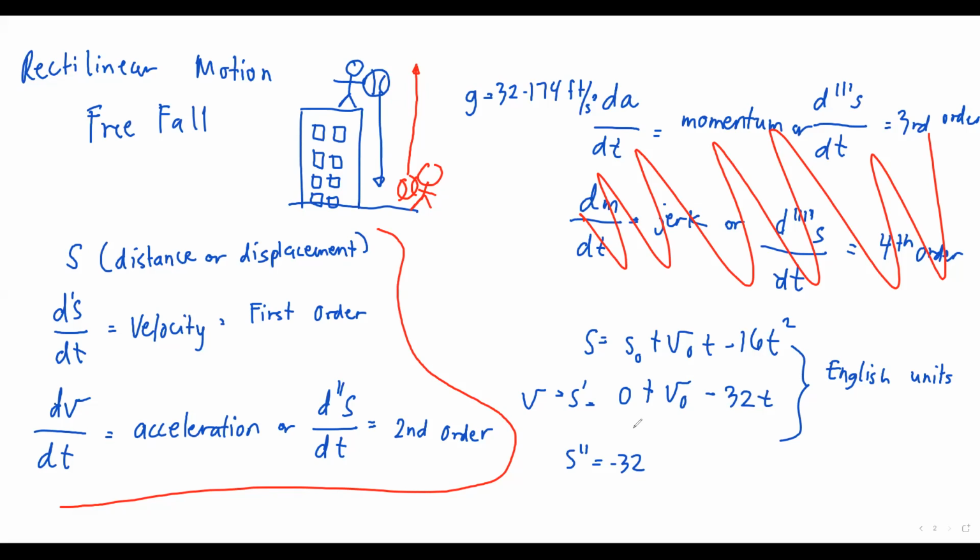Pero of course, pag English units yan, nagiging ganito naman siya. Magbabago lang tong value na to. Pag meter pala, pag metric unit, magbabago lang tong 16. Magiging S0 plus V0 t minus 4.9 t squared. Okay? And so on. So, V is equals to V0 minus 9.8 t.